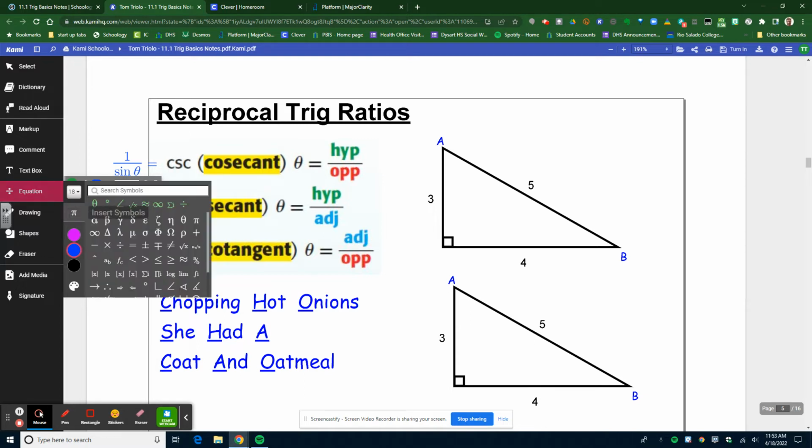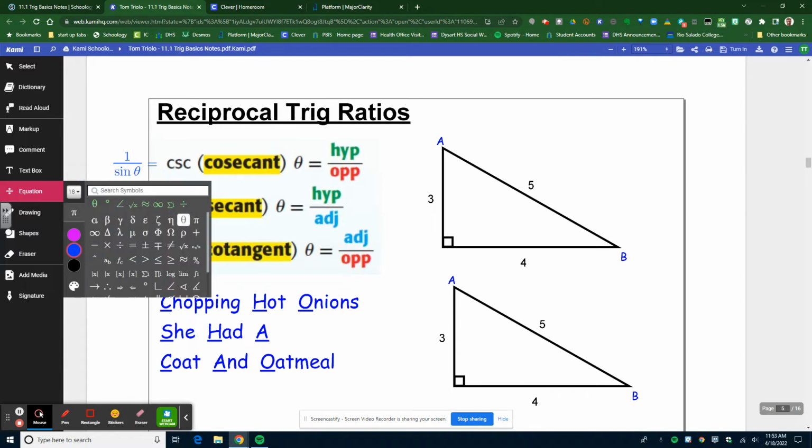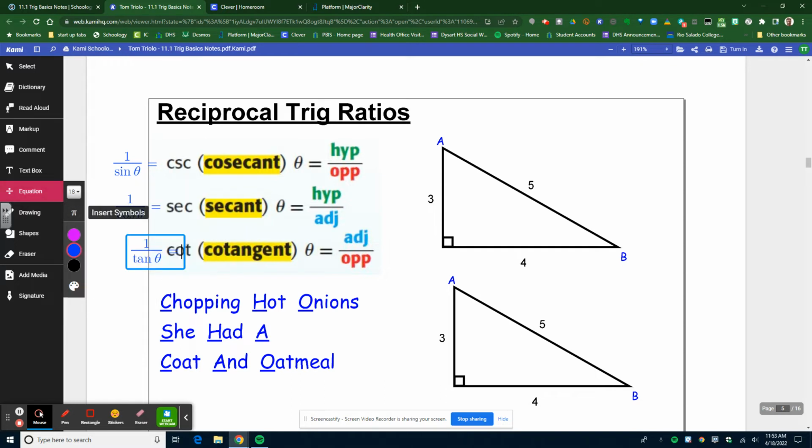And the next thing I type, it'll put a little space and make that theta back into the italicized. Okay? So that's cosine, and cotangent would be the reciprocal function of tangent. So 1 divided by tan, also theta. Okay. And just move it back over to the left a little bit.